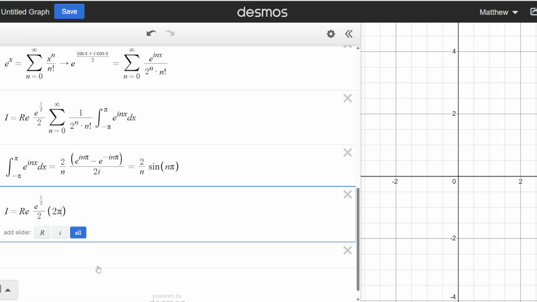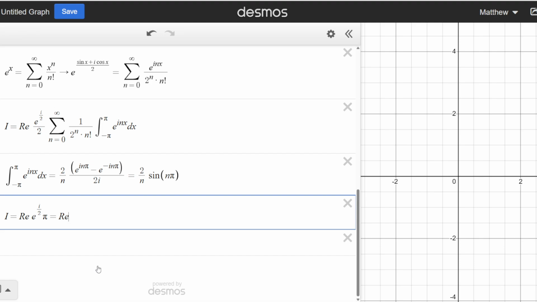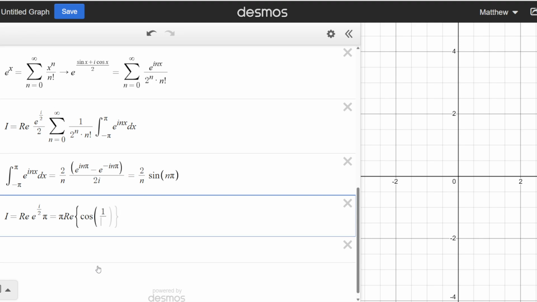Great. This 2 cancels this 2. And now we just need to take the real part of this. So this is equal to pi times the real part of cosine 1/2 plus i sine 1/2.